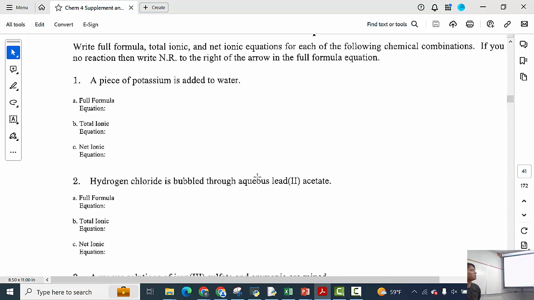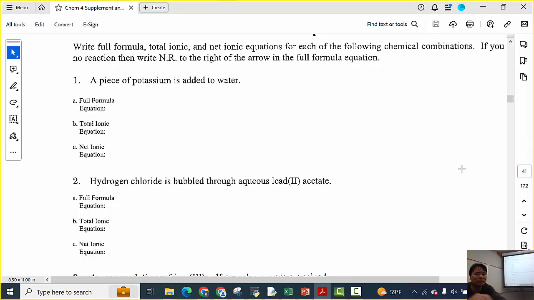The supplement has a mix of reactions, and what we're going to do is look for double replacement reactions. Double replacement reactions are going to have a pattern to it. What was the pattern again? AB plus CD. So we're going to look for this pattern, AB plus CD. It turns out number 1 is not a double replacement, but number 2 is a double replacement.